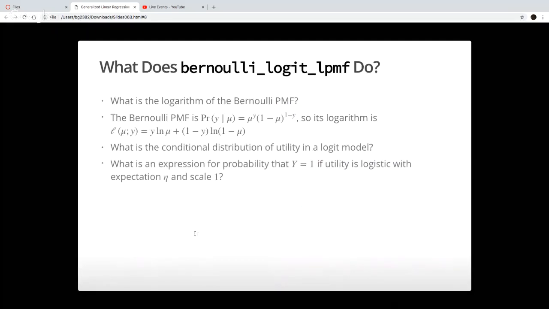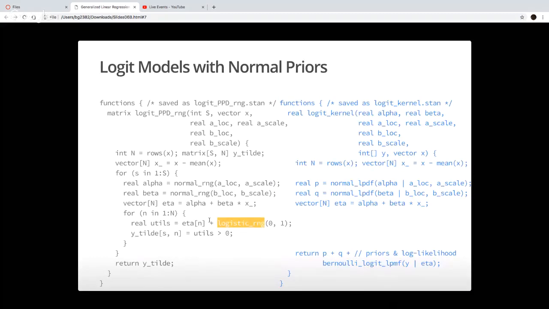So what would be an expression for the probability of success if utility is logistic with expectation eta and scale 1 under this process here? So if this is what we think our model is for the outcome, what will be an expression for the probability of success?